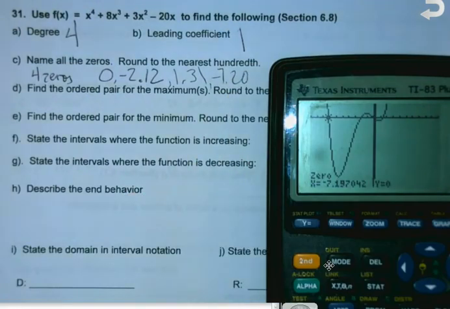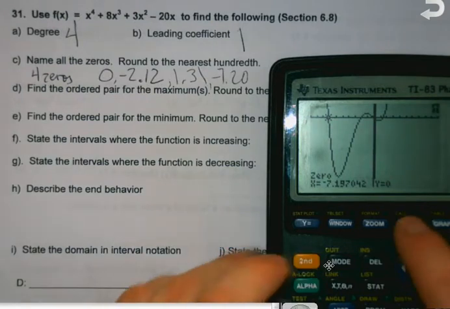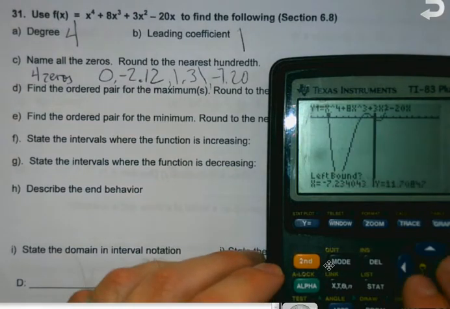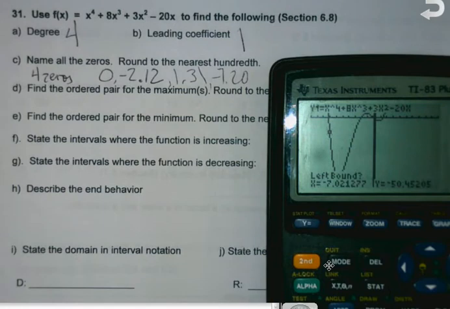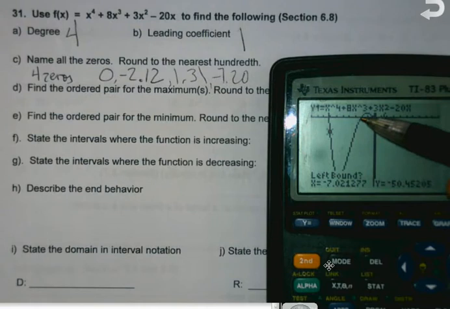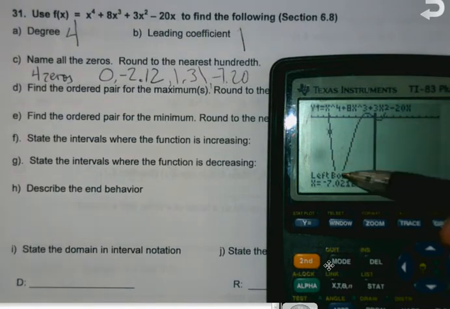Now, let me ask, when you're trapping on this one, were you doing it above and below, or below and above? Because that matters. When you're doing a 0, here's the difference. When we were finding the zeros here and here, notice the graph was increasing.